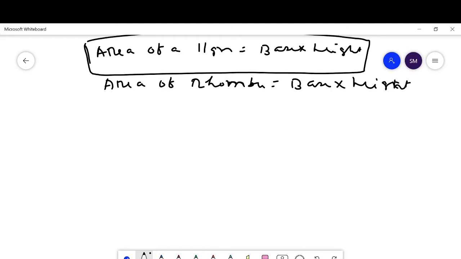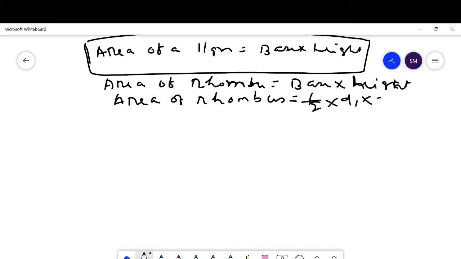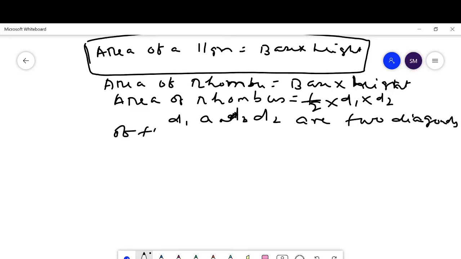Another formula for the area of a rhombus is half into D1 into D2, where D1 and D2 are the two diagonals of the rhombus. All rhombuses are parallelograms, but all parallelograms are not rhombuses. A rhombus is a parallelogram whose all sides have equal length.